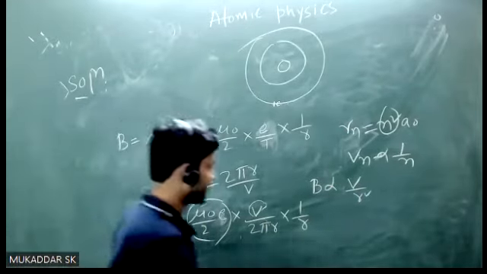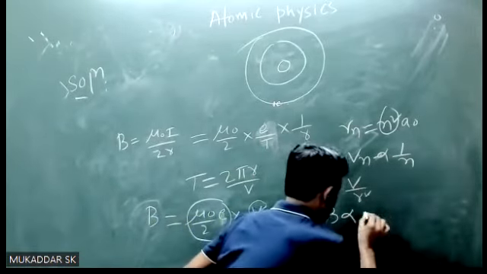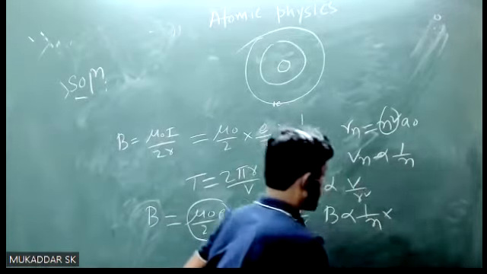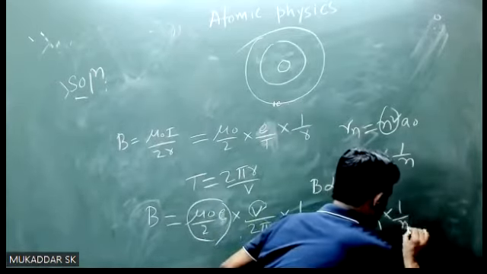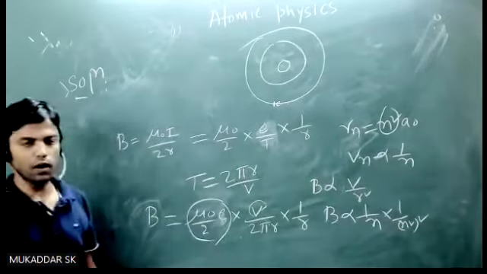So B will be proportional to 1 by n for v, and for r square it will be 1 by n square whole square. Is it clear to all?